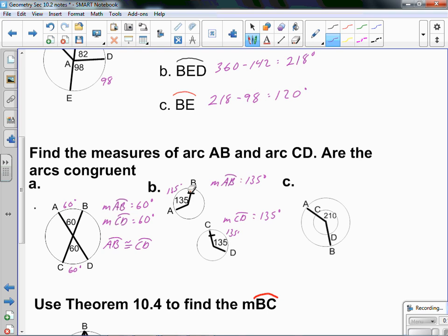This radius is marked congruent to this radius, and that's the information telling us that those two circles are congruent, because they both have the same radius. So since the radii are congruent, the circles are congruent. And therefore, since these have the same measure, those arcs are also congruent. So arc AB is congruent to arc CD.